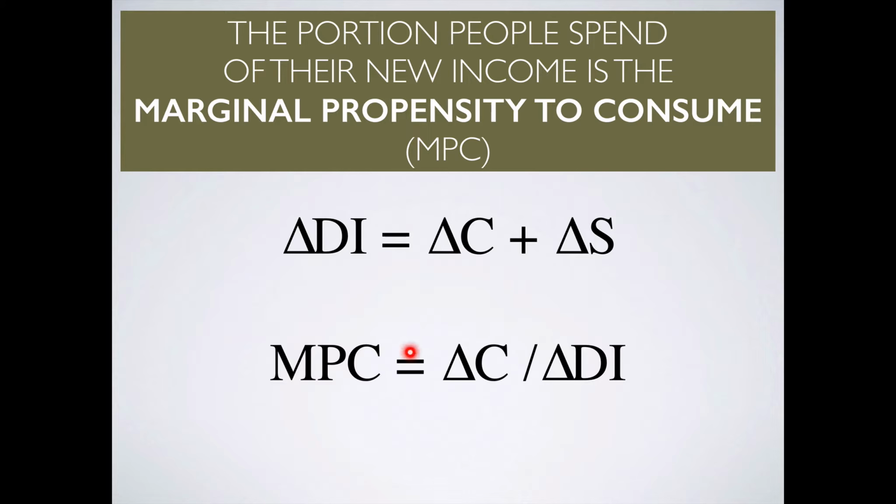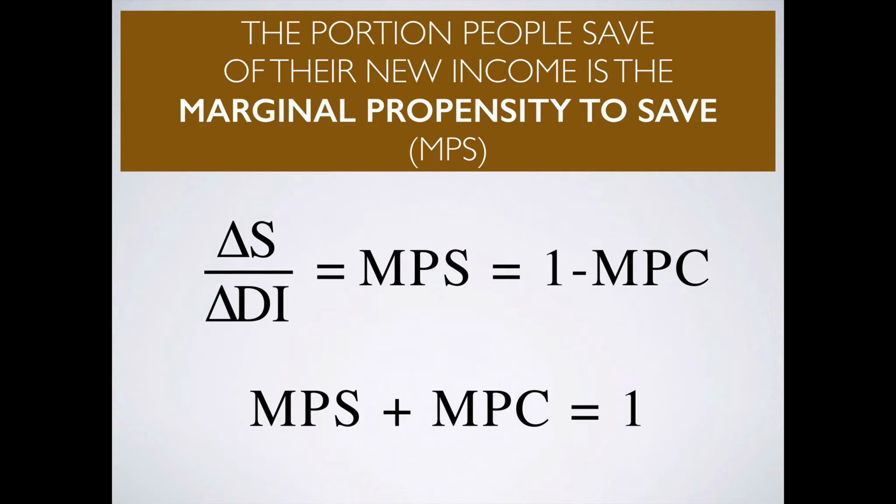The marginal propensity to consume is the change in consumption over the change in disposable income. The portion that people save of their new income is the marginal propensity to save, the MPS, defined as delta S over delta DI. It's also equal to simply 1 minus the MPC. So by identity, MPS plus MPC always equal 1.